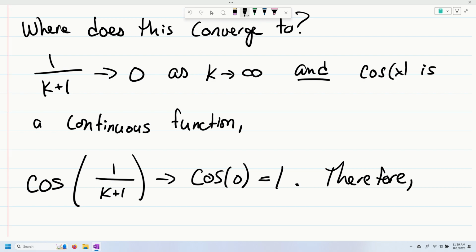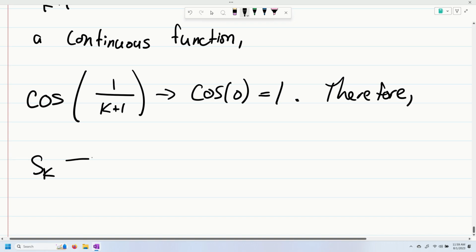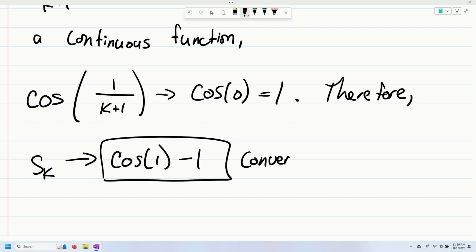Therefore, Sk is going to go to the cosine of 1 minus 1 for our convergence.